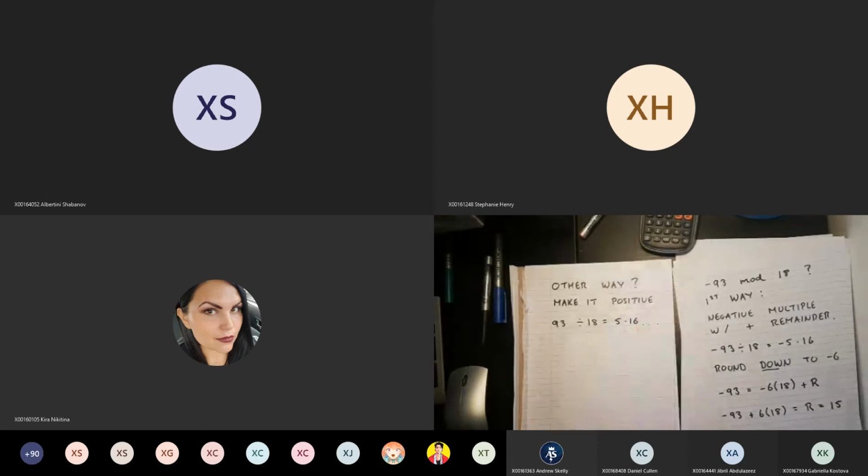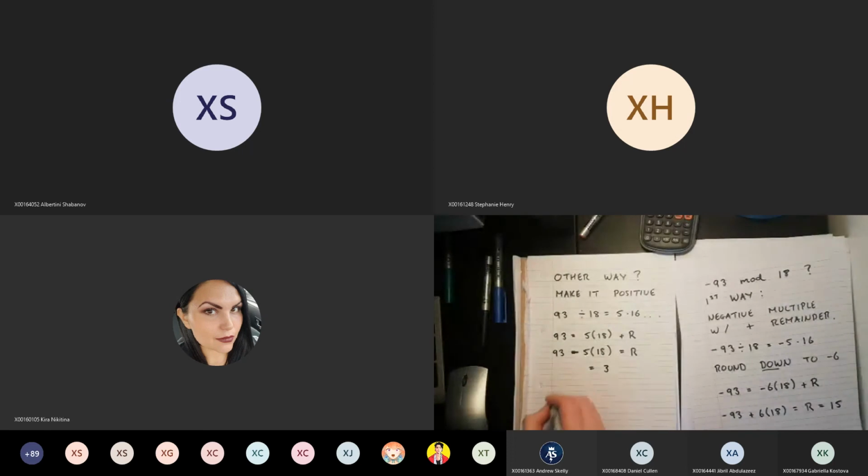Now I could say that 93 was the same thing as 5 times 18 plus a remainder. So 93 minus 5 times 18 would be my remainder. 5 times 18 is 90, so that would give me a remainder of 3. Now I make it negative again.